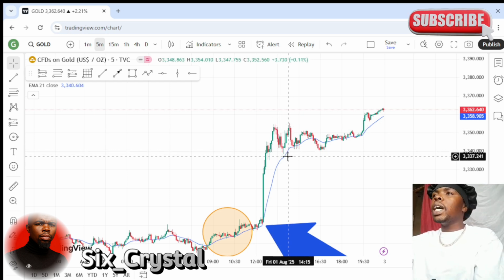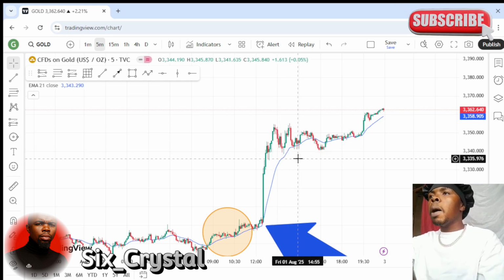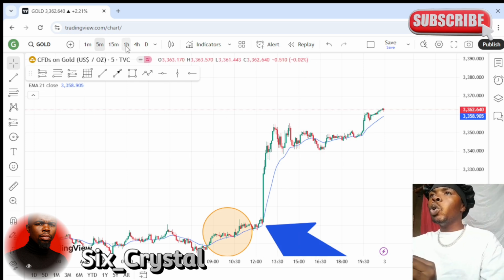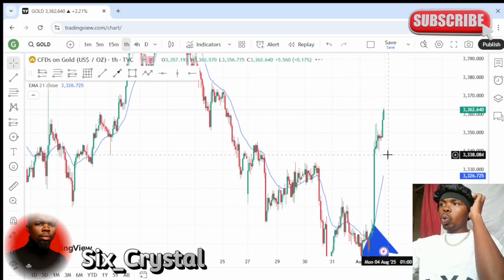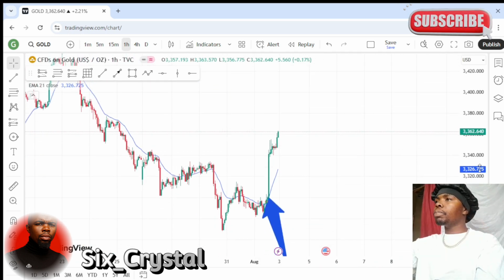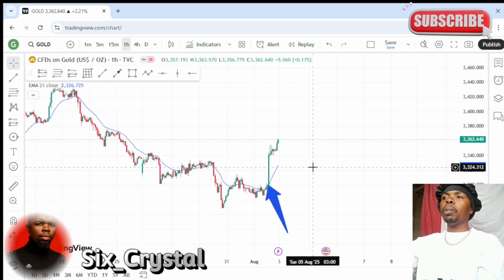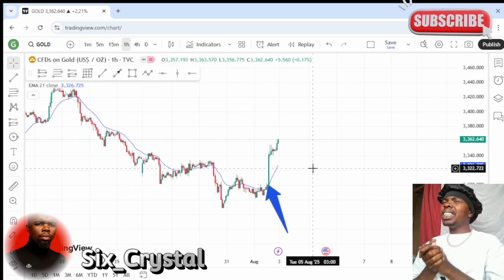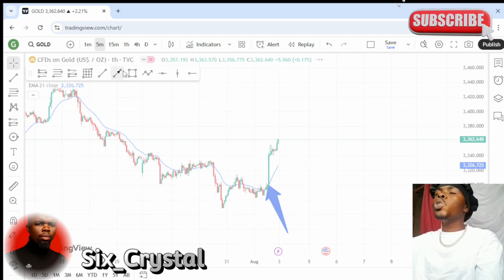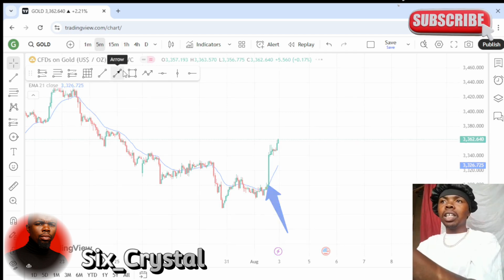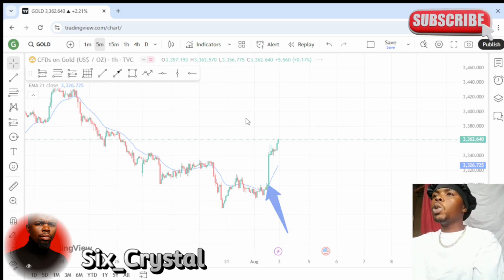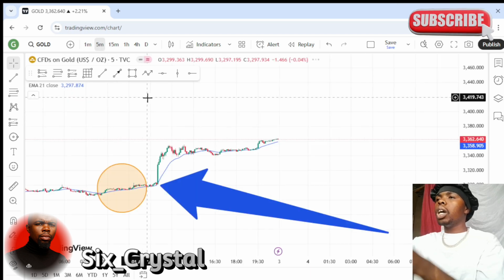It consolidates. But look at our hourly time frame: the market didn't touch the moving average. But when you go back to 5 minutes, you can see that the market touched the moving average, guys.